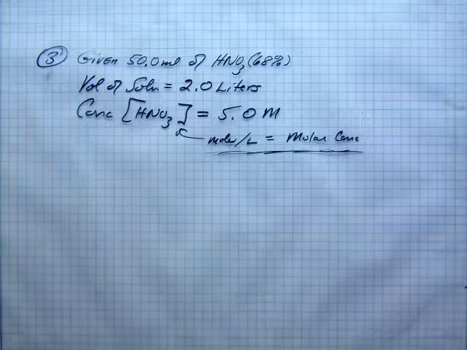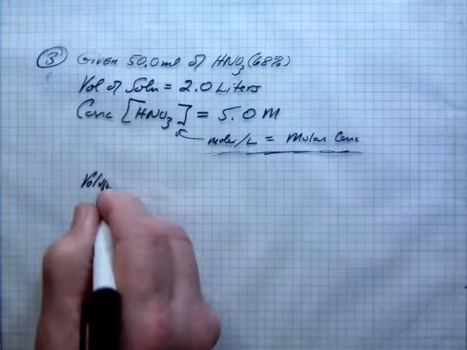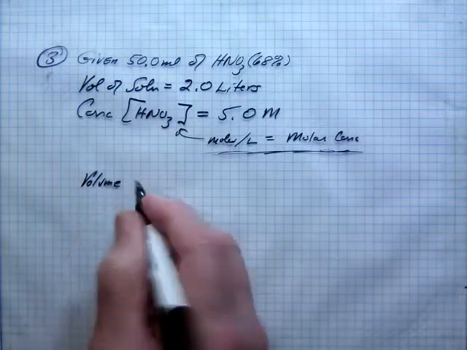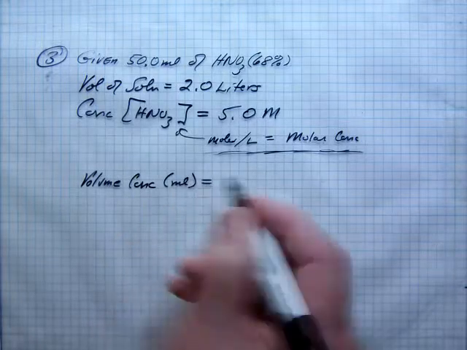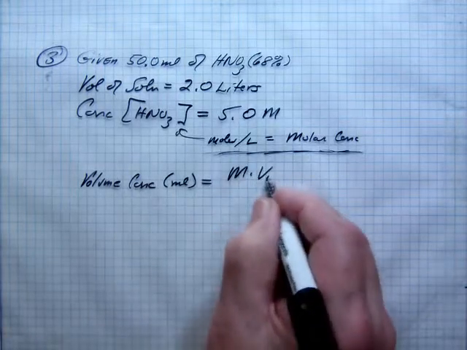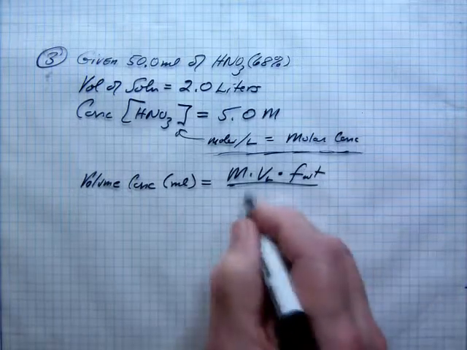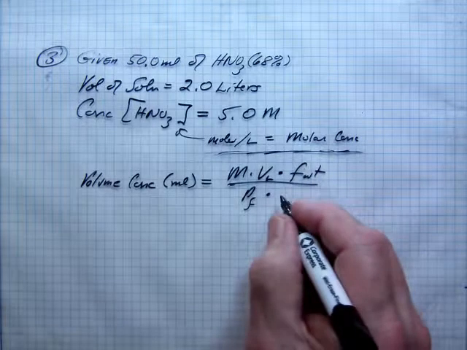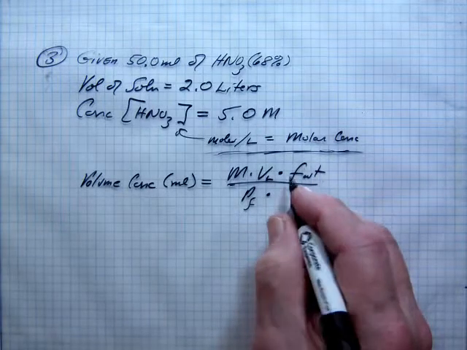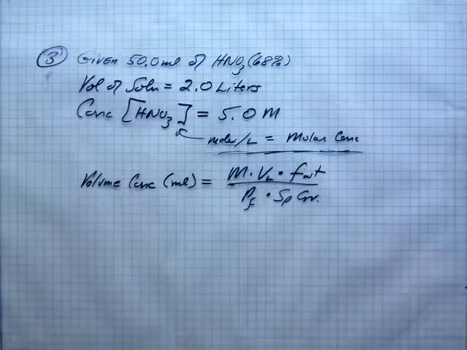Okay. Now, in this one, you have a volume of concentrate in milliliters equal to molarity times volume in liters times formula weight divided by the purity factor and specific gravity.